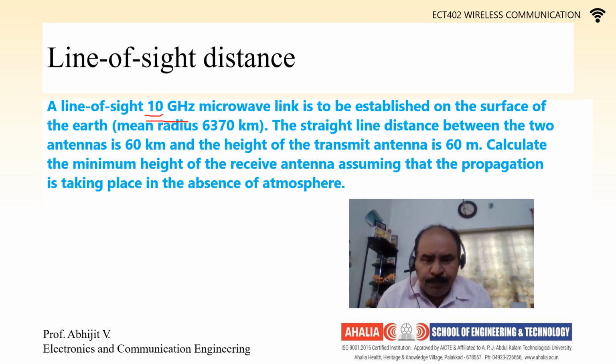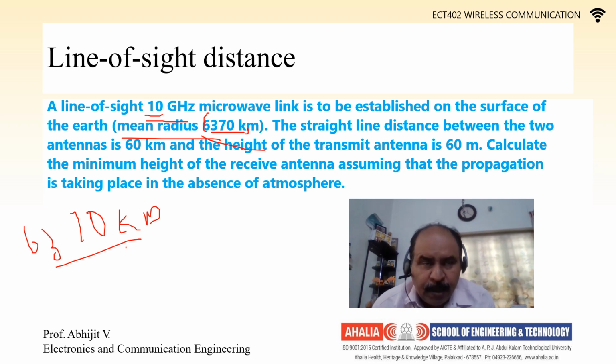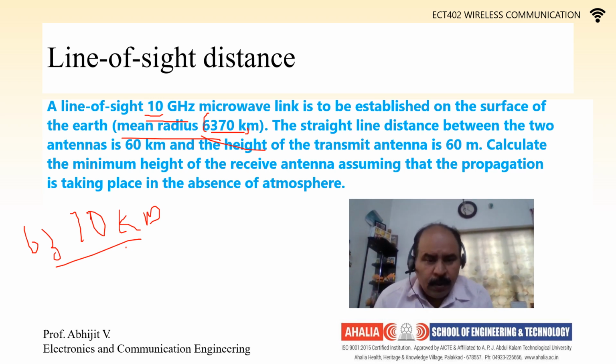We have a 10 gigahertz microwave link to be established on the surface. The radius of earth is given. Not in every question paper you get this value. So in case you are not given, you have to substitute with 6370 kilometers, because even in the previous year question paper we didn't have this value given.